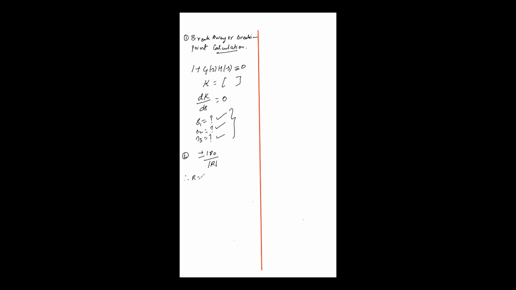Here r is equal to the total number of branches leaving or approaching the breakaway or break-in point.